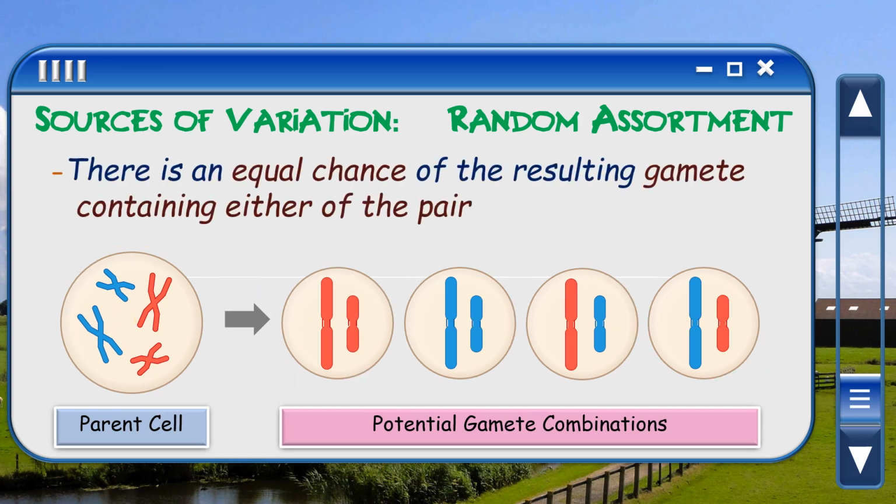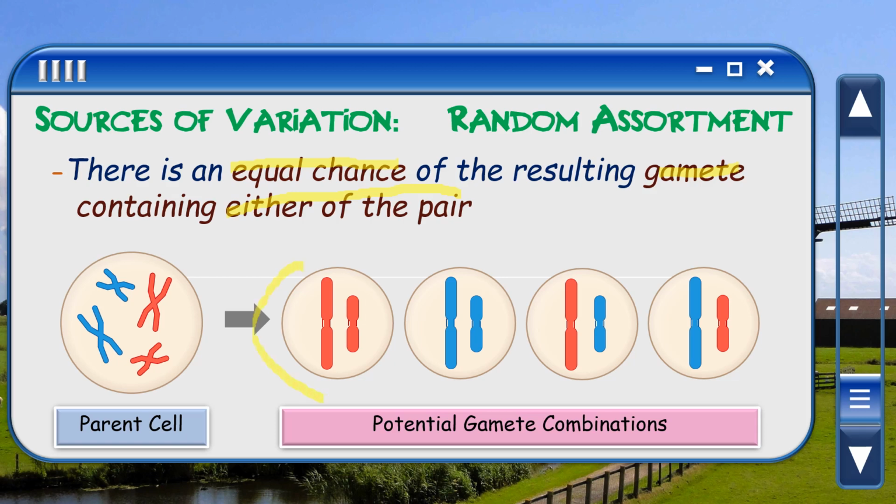There is an equal chance of the resulting gametes containing either pair of the chromosome.